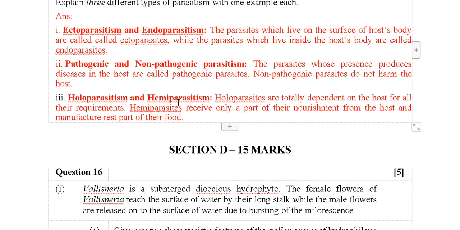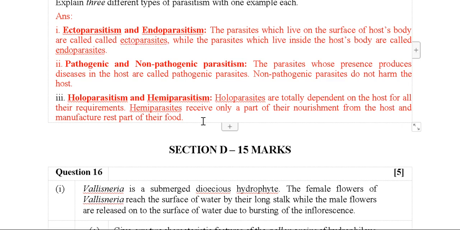Then holoparasitism and hemiparasitism. Holoparasites are totally dependent on the host for all their requirements. To fulfill all the requirements in their life cycle, they need to depend totally on the host body. So that is holoparasites.